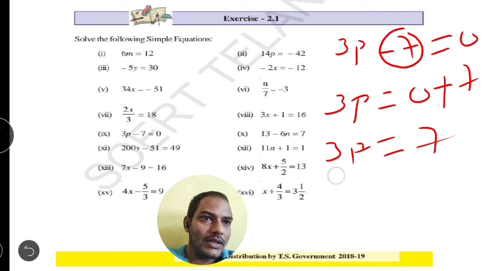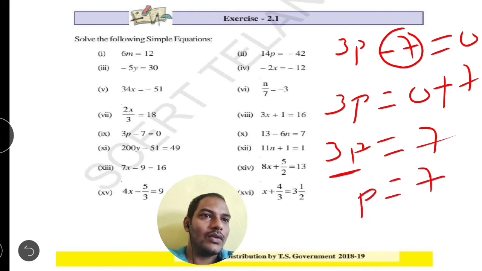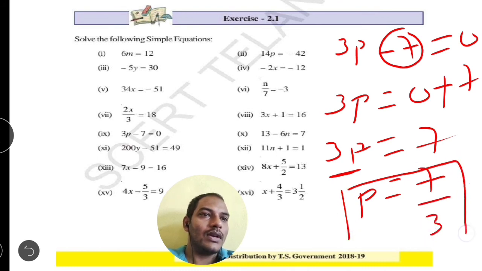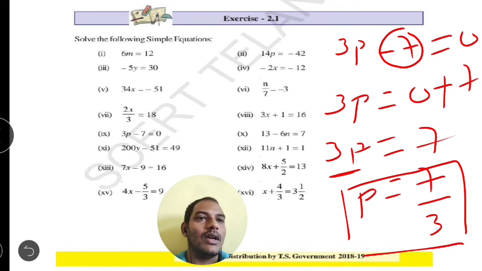Now here 3 is multiplying, so when you transpose it to the RHS side, it will go to the denominator place. So the p value is 7 by 3, and which type of number is it? Yes, it is a rational number. So the p value is 7 by 3.